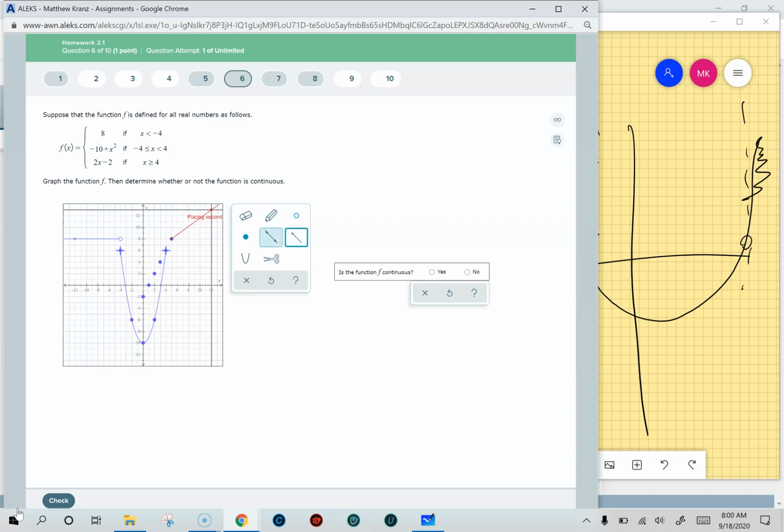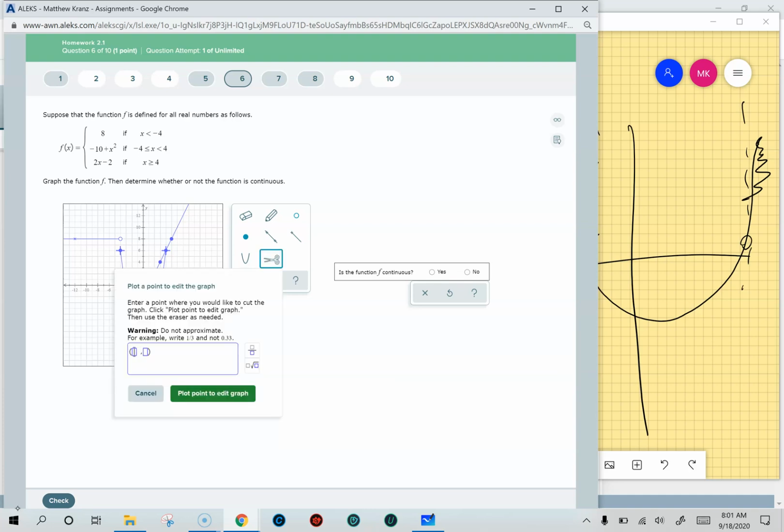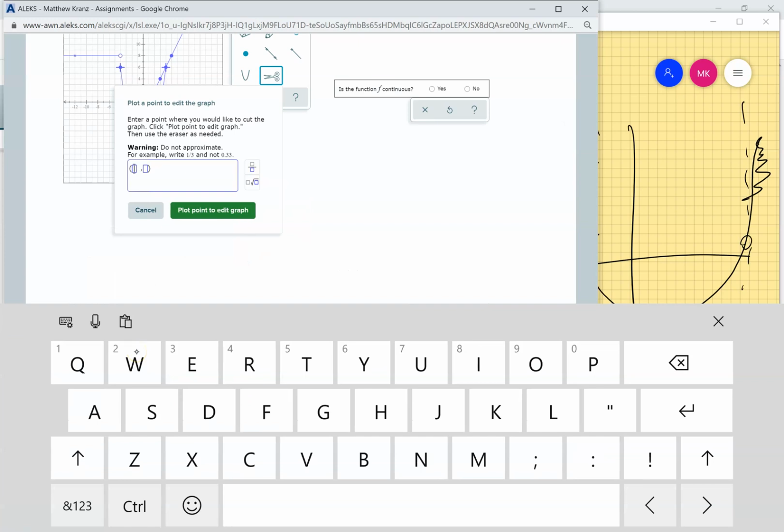Oops, wrong way. So now I've graphed this. The only problem is that, once again, it can't be on the left side of 4. So I'm going to hit my cutting tool and put in 4, 6 again, because that's where that one ends.